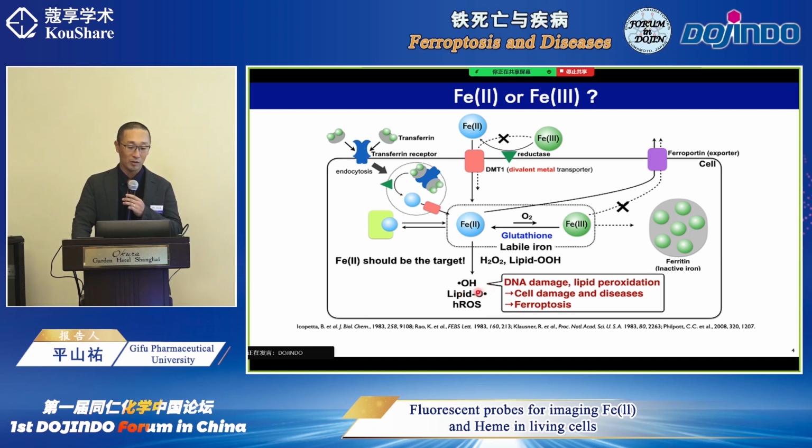And overproduction of these chemical species causes cell damage and ferroptosis. So both for the physiological aspects and pathological aspects, we need to know the behavior of Fe2+. So that is why we started to develop new chemical tools for the study of Fe2+ ion.